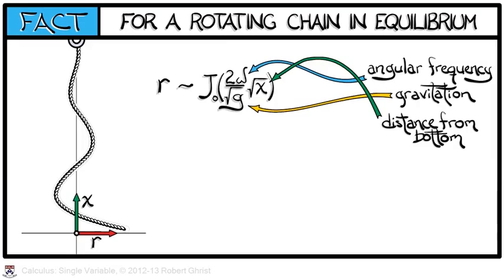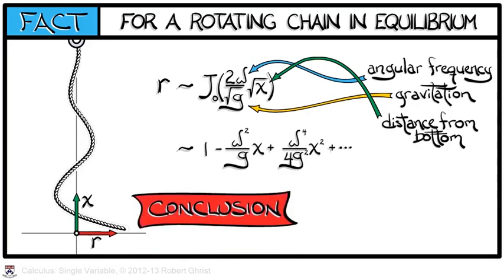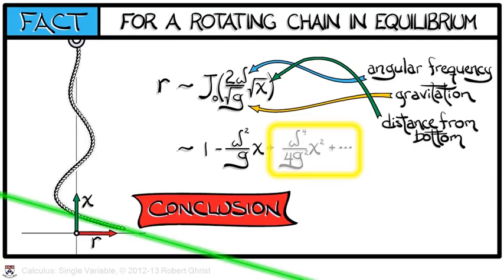What we are going to look at is what happens when we substitute these values into our Taylor series for the Bessel function. One of the things that we can conclude from this Taylor series is that if x is reasonably small, if you're near the bottom of the rope, small enough that we can ignore some of the quadratic and higher order terms, then what's left over looks like a linear expression in x.